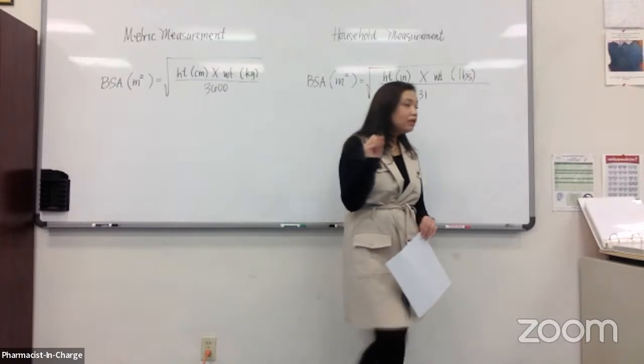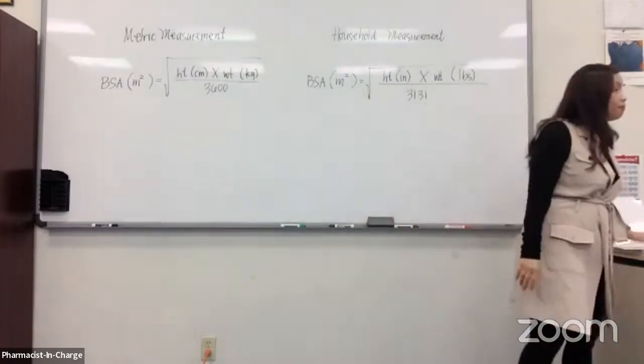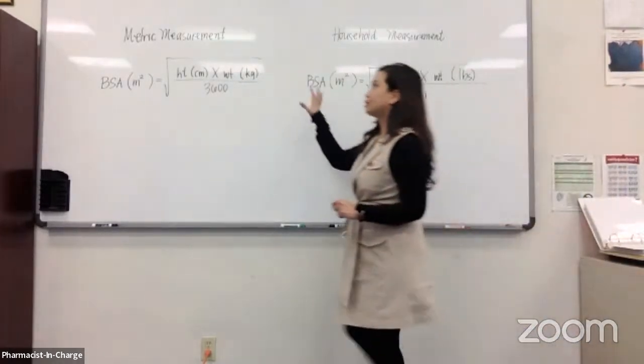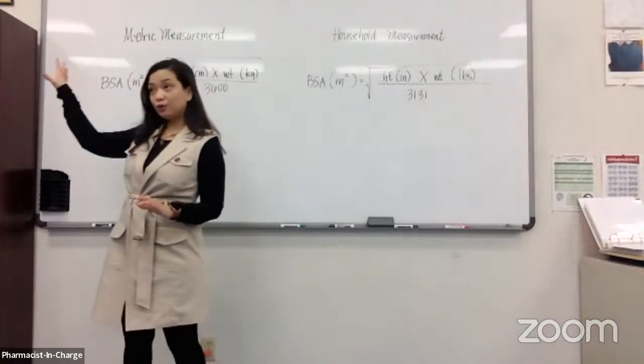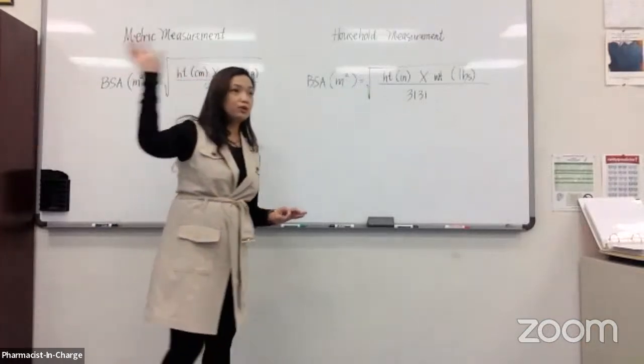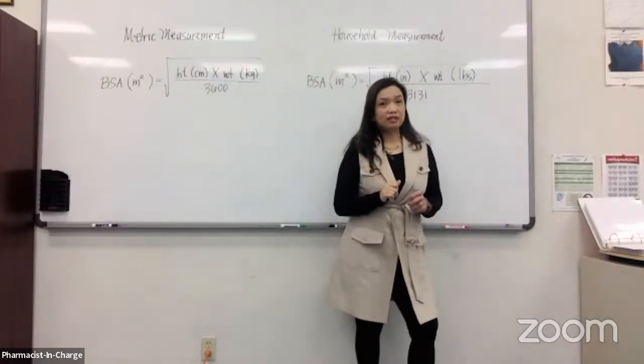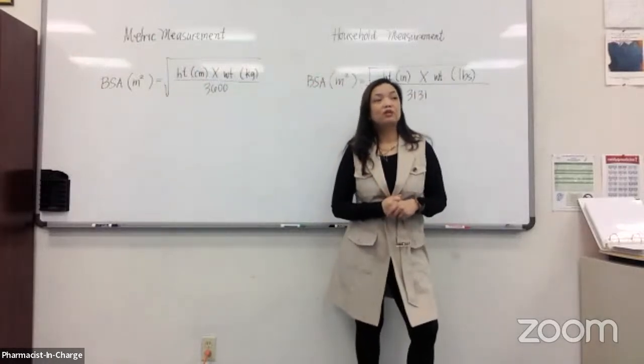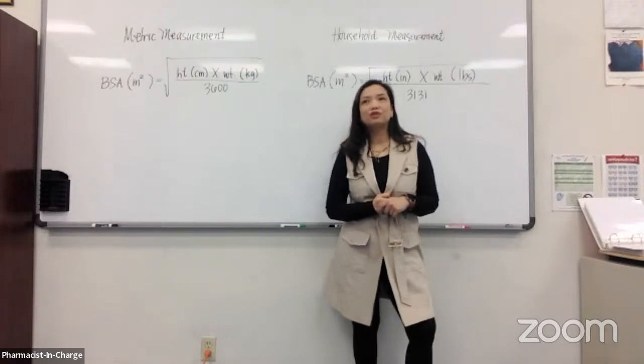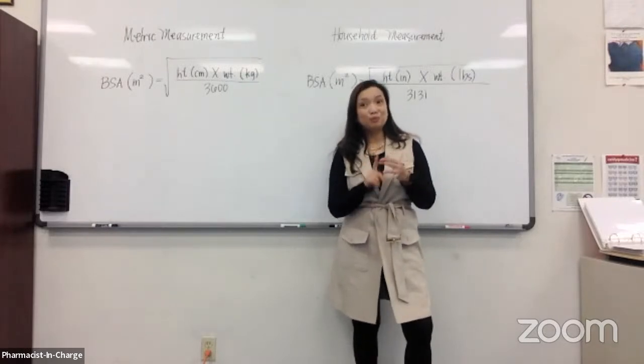One of the most accurate measurements for calculating the dose that needs to be given to children or pediatric patients is using the body surface area. Why? Remember, we did conversion of height and weight.